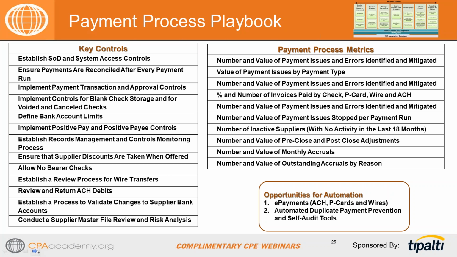Typically in the payment process, if a payment is over a defined amount, it may require additional approval. And that's going to be dependent upon the size of your company. So in some cases, a large company may want every payment over $250,000 or $500,000 to be approved by the director or the controller.